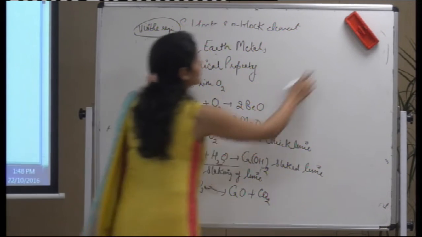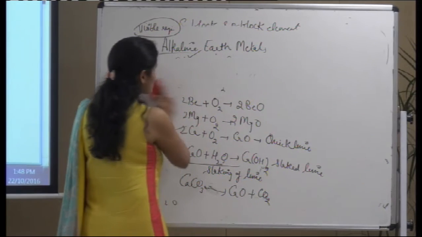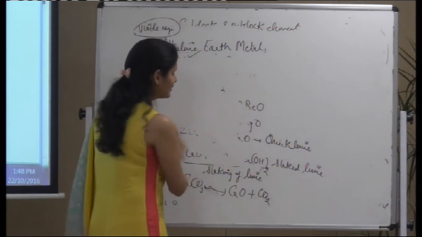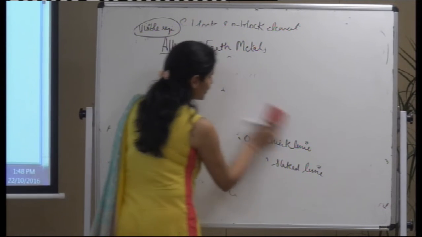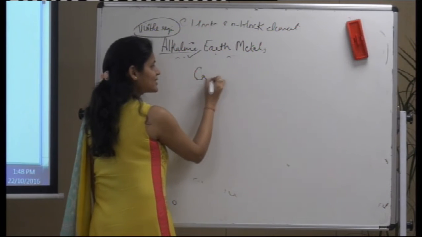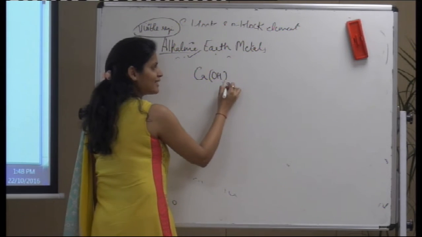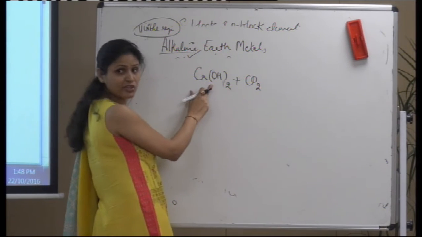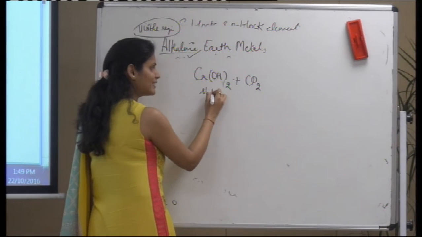Right? All of you have heard about the reaction that if we pass carbon dioxide through lime water, it will turn milky. What is lime water? Slaked lime. Lime water is only slaked lime.